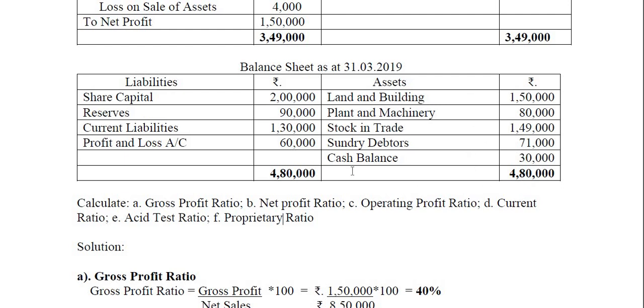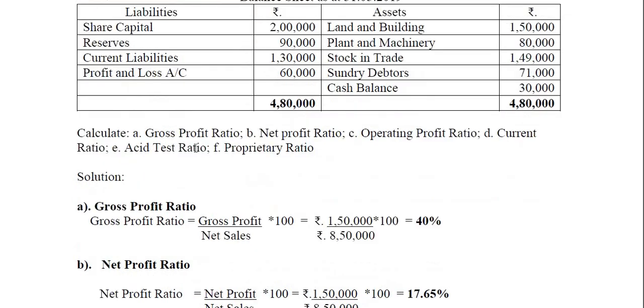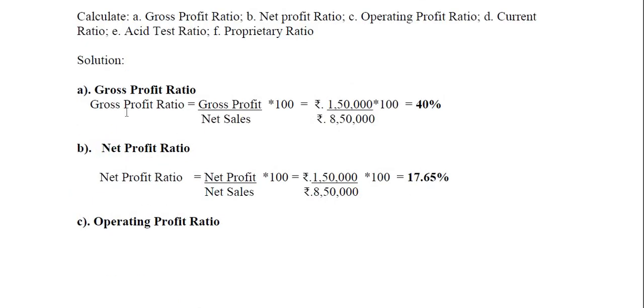There is no fictitious asset here, no intangible asset, so the entire 4,80,000 is tangible assets. Equity shareholders' funds are share capital, reserves and profit and loss account. If we add up, that will be shareholders' funds. Let us calculate the ratios.